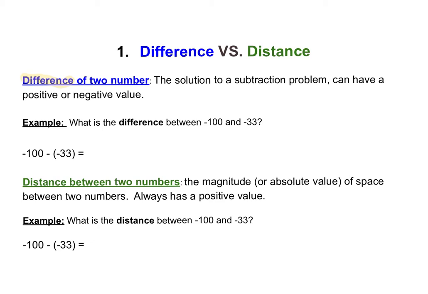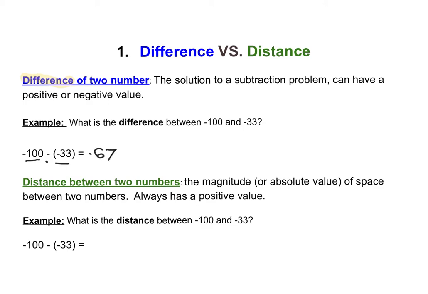We might say that a sum is the solution to an addition problem, and the difference is the solution to a subtraction problem. An example: what is the difference between negative 100 and negative 33? That would be negative 100 minus negative 33, which comes out to negative 67.